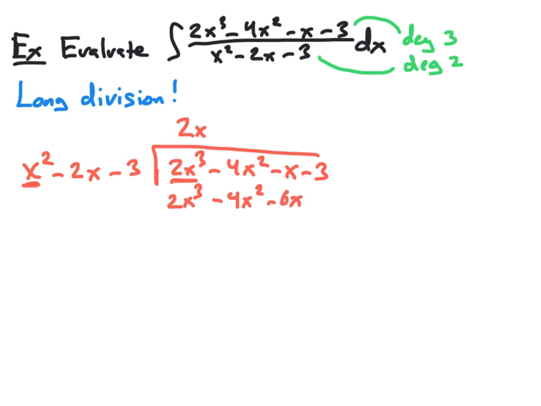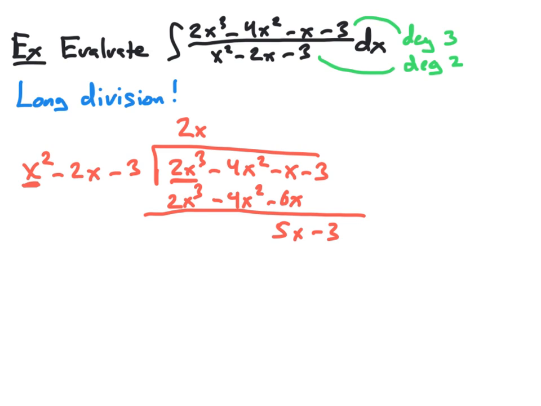Now we subtract these two expressions. 2x cubed minus 2x cubed gives us 0. Negative 4x squared minus negative 4x squared, again, gives us 0. Negative x minus negative 6x gives us a positive 5x because we're subtracting a negative. And we have negative 3 minus 0, which is just negative 3. And so now I have this polynomial of 5x minus 3 remaining.